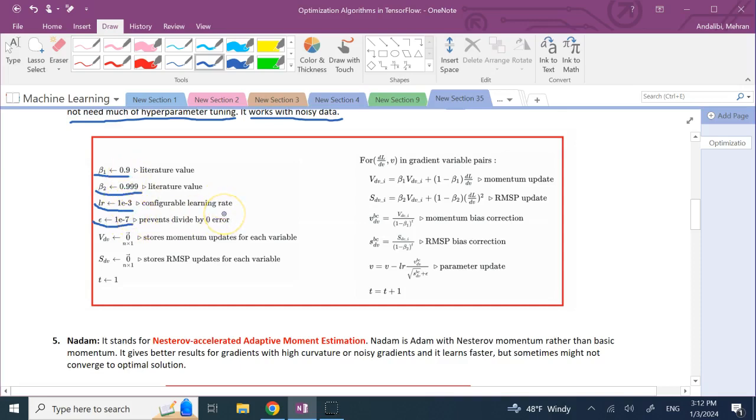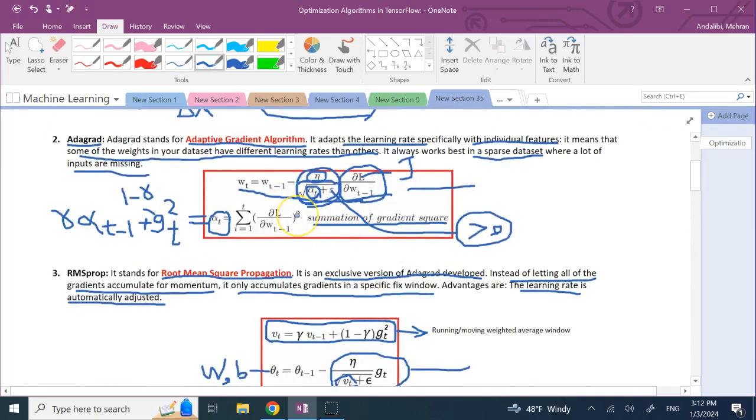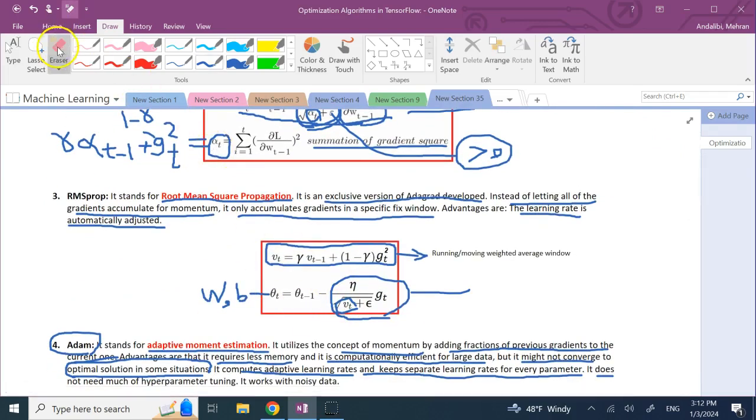So what does it do? At the end of the day, the parameter update is very similar to all other algorithms. V at the new iteration is V at the previous iteration minus the learning rate, you might call it alpha, times something. Now, what is this something? It's similar to Adagrad or RMSProp. It is basically something divided by a square root times something else.